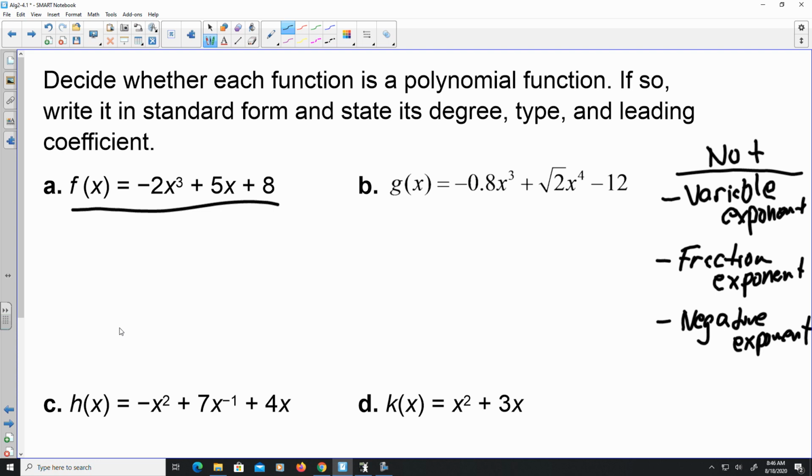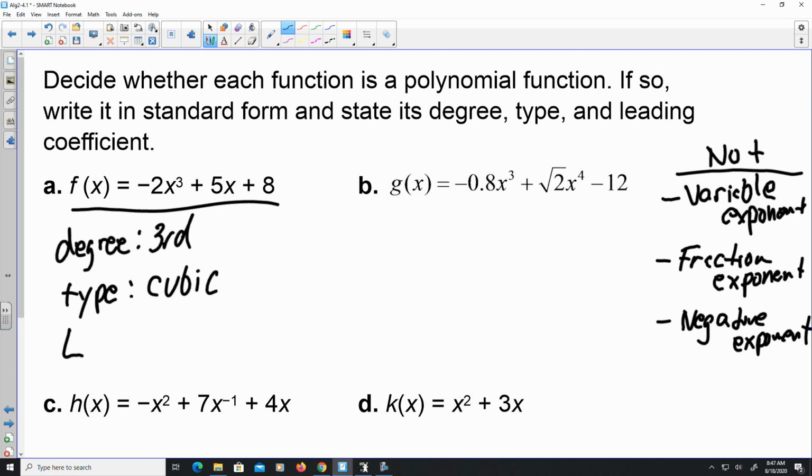Stating its degree, it is a third degree polynomial. The type, because it's a third degree, it's cubic. And the lead coefficient is the number that is attached to the term with the largest degree, that happens to be -2.